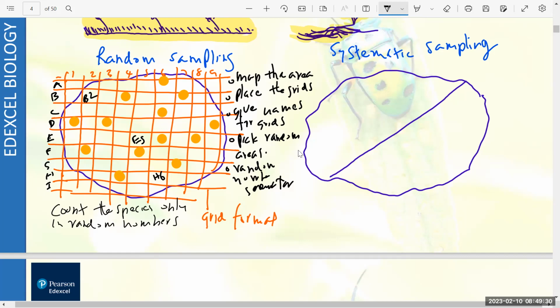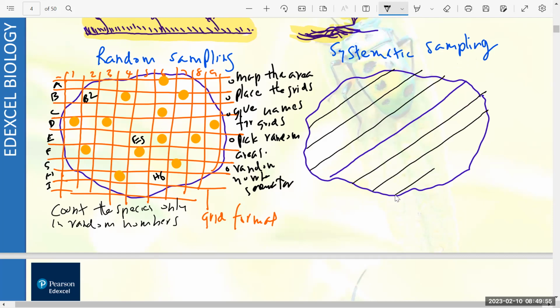Okay, we will see for both methods what the procedure of counting is. Now, systematic sampling. In systematic sampling, what we are trying to do is place lines like this.